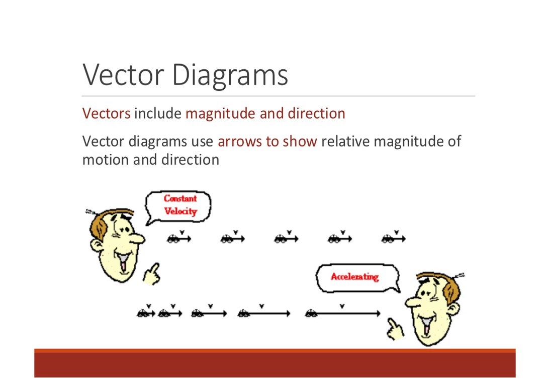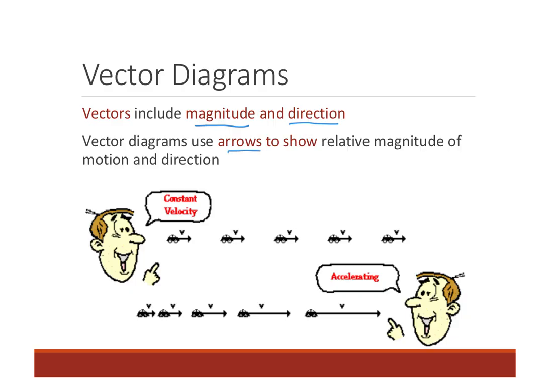The next type of diagram I want to talk about are vector diagrams, and vector diagrams give us an indication of both how big something is, the magnitude or the number associated with it, at least in a relative sense, and the direction of that particular force or motion. We're going to be dealing with vectors a lot more in future units, but I wanted to introduce them at this point because for motion that's in a straight line, we can also use some vectors.